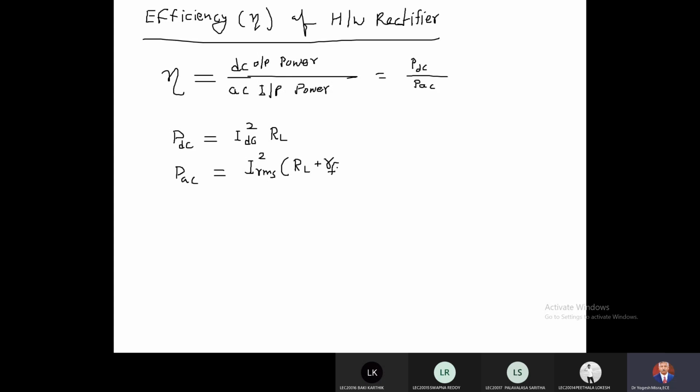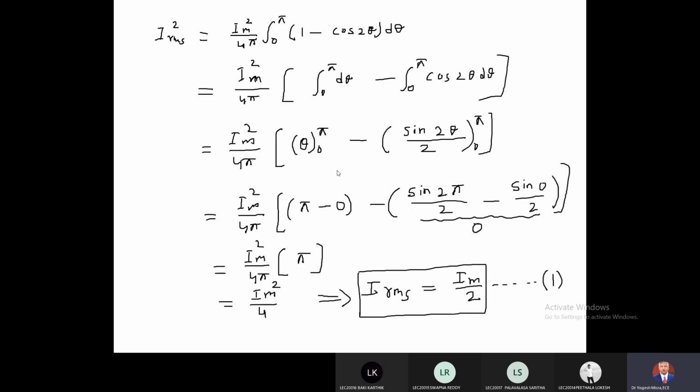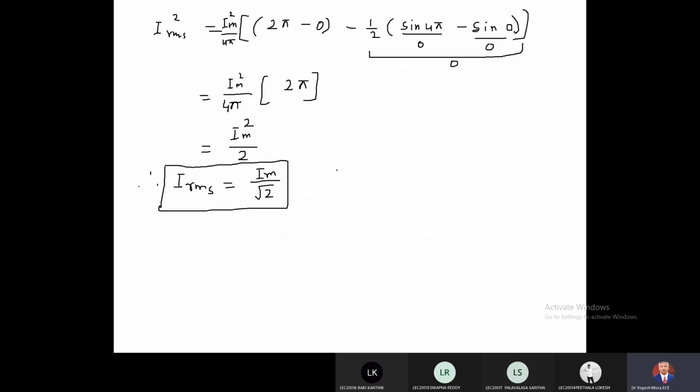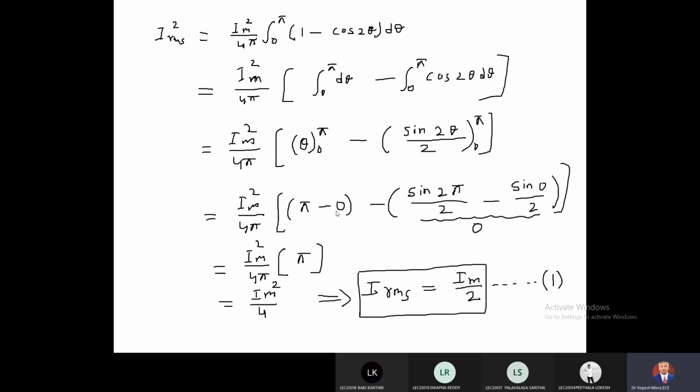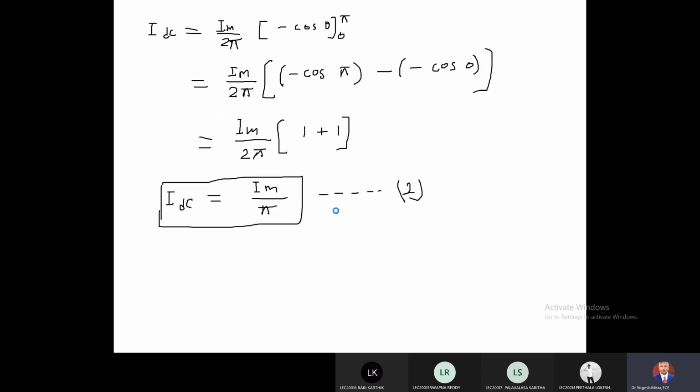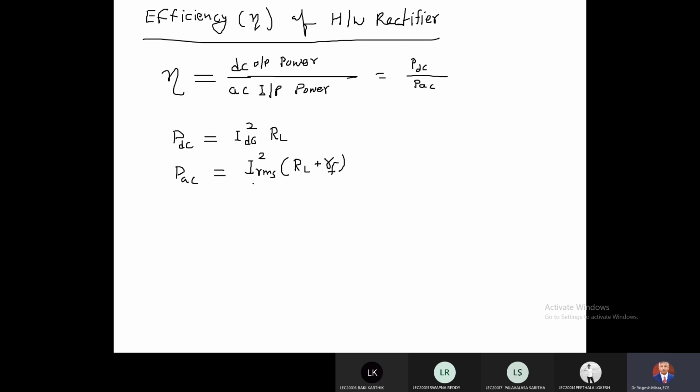That will also come into the picture now, because when AC is flowing, you see this circuit diagram, this RF will also come into the picture and this RL will also come into the picture. But when we are taking the output, only the DC output you are taking. So now simply you put the values of IDC and IRMS.